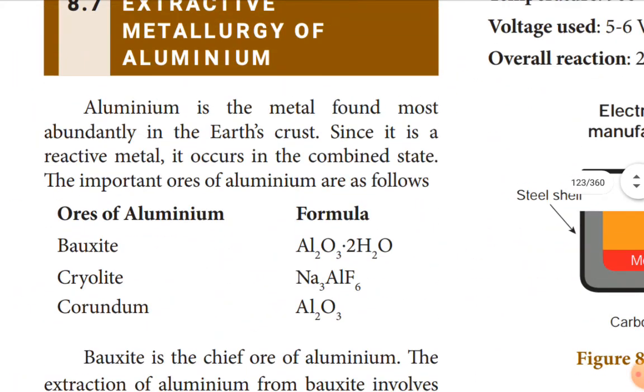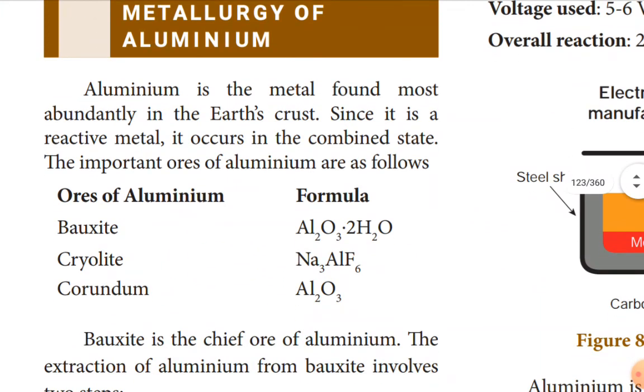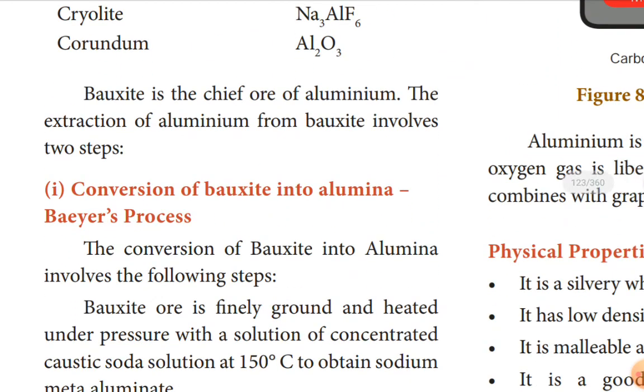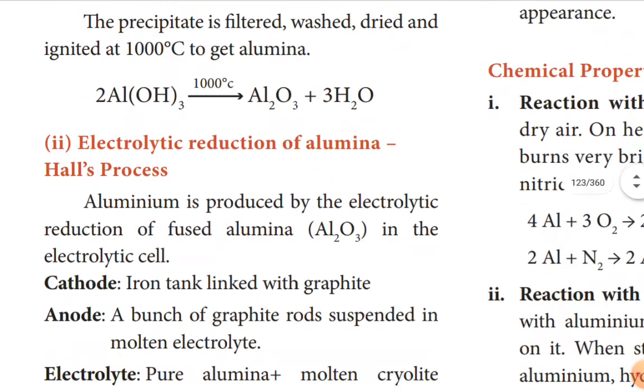That is the extractive metallurgy of aluminium. Aluminum is abundantly available, highly reactive, so it is obtained in the combined state. The important ore is bauxite, formula Al2O3·2H2O, and there are two main steps: conversion of bauxite into alumina, called the Baeyer process, then the electrolytic reduction of alumina, called the Hall's process.